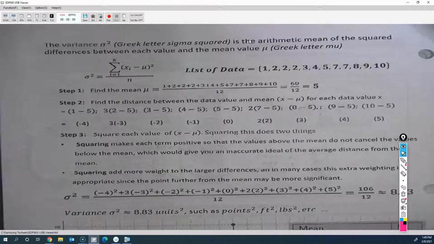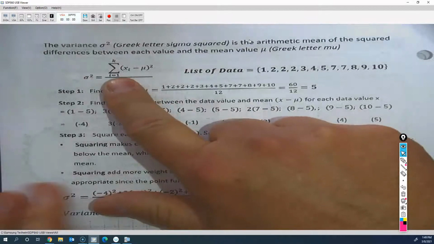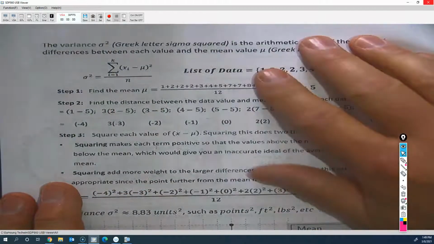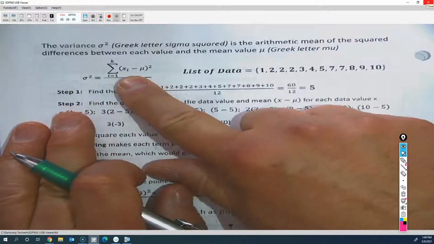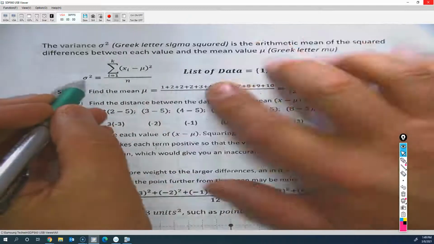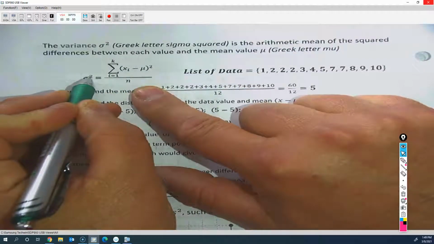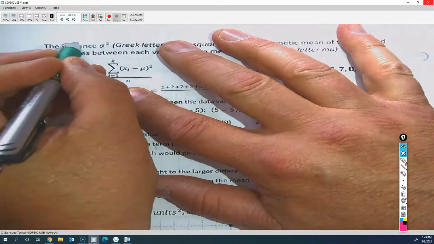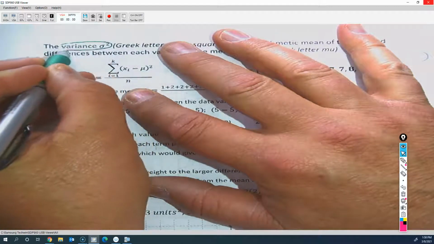I'm going to explain to you what all this stuff means. It looks like a bunch of gobbledygook. All right, so in here, sigma squared is the variance, not the standard deviation.